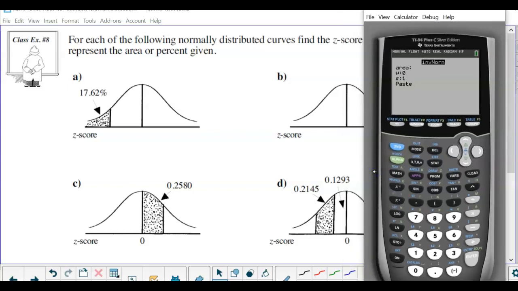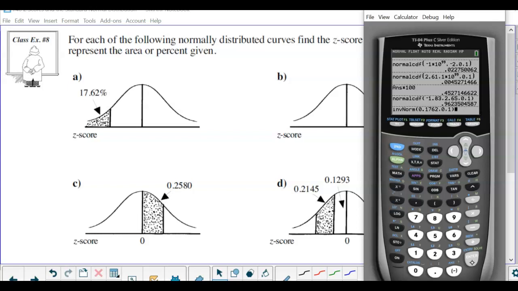The area is, in this case, you could include the percent symbol, which I wouldn't bother with because it's hard to find in the graphing calculator. Just convert that to a decimal. If you have an older version, that's what you put in first: the area, comma 0, comma 1.